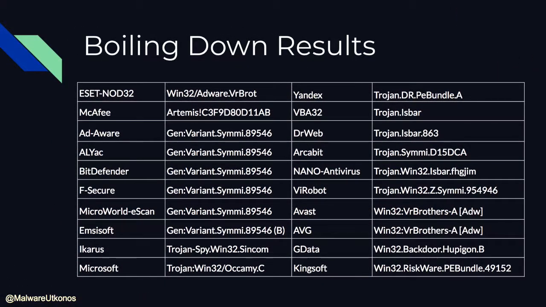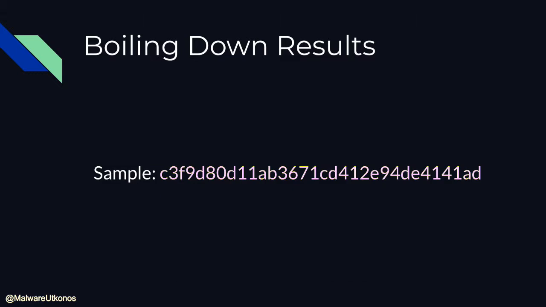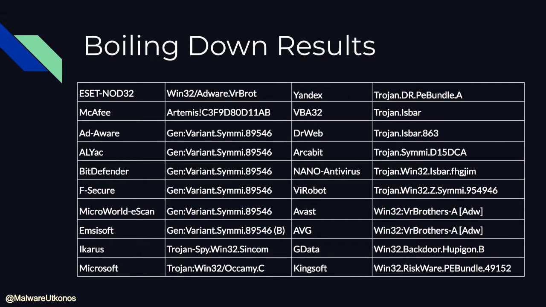So the first thing you'll notice is this isn't all of the AV scanners that were run against this sample. I've gone ahead and removed all of the generic ones, just because of space on the slide, and the generic ones give me no information.